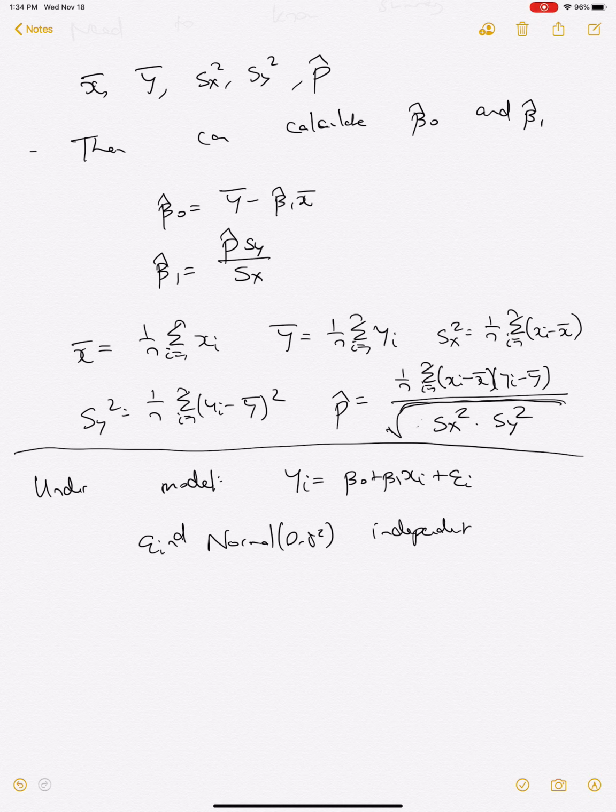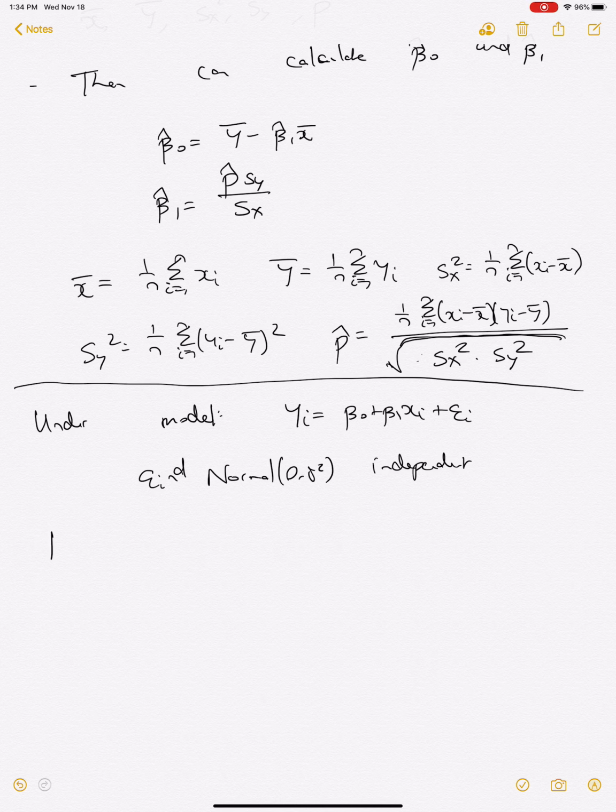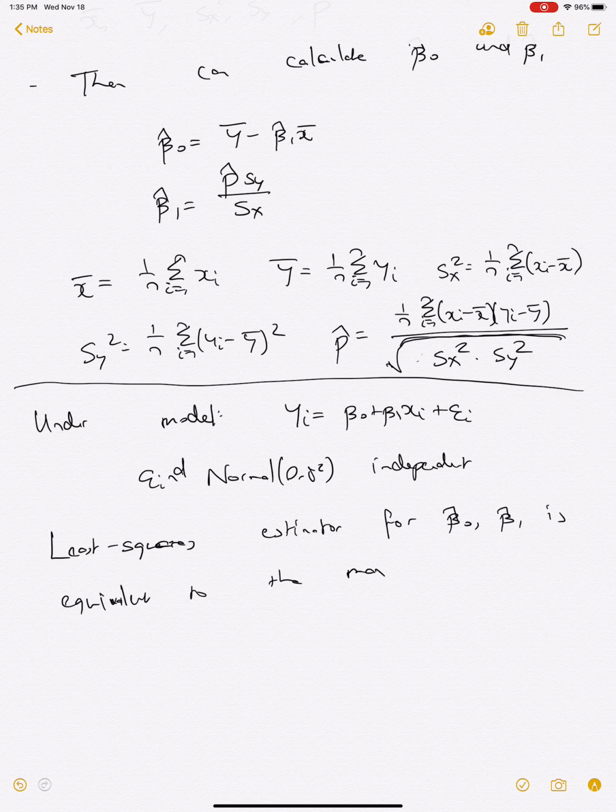All we've done is use the least squares estimator, and that has nothing to do with normality. But what we can actually show is that the least squares estimator for beta hat 0 and beta hat 1 is equivalent to the maximum likelihood estimators.